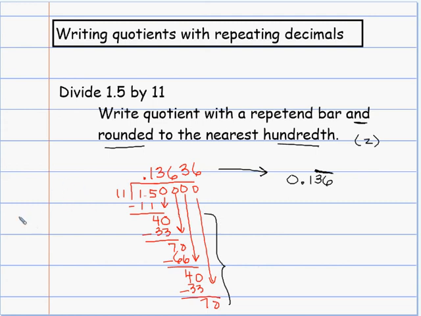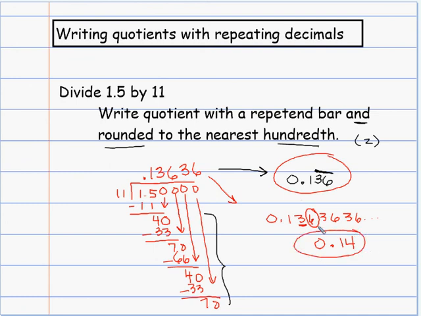So if we take this number, 0.136, remember how you round. You drop the repeating bar and you extend those digits. Now we need hundredths, so it would be the second place behind the decimal, and based on that 6, we would have to make that 3 a 4. So our two answers would be right here.